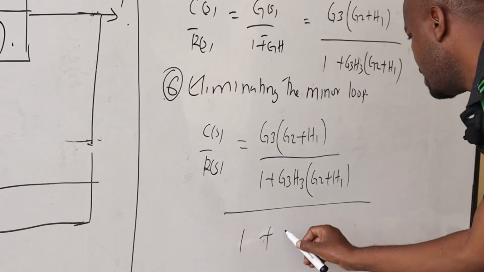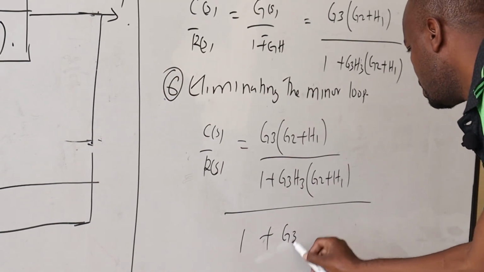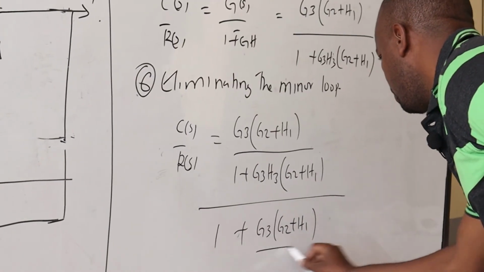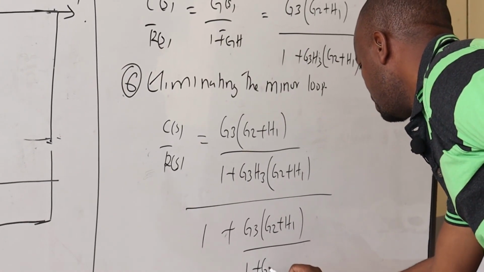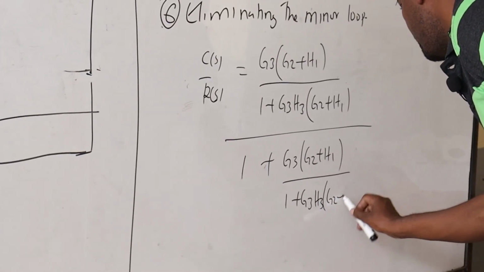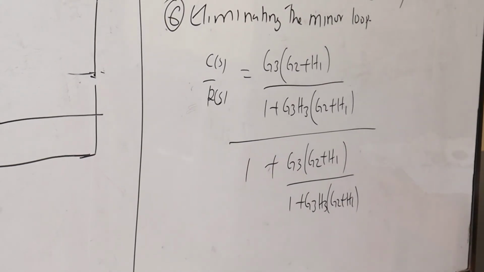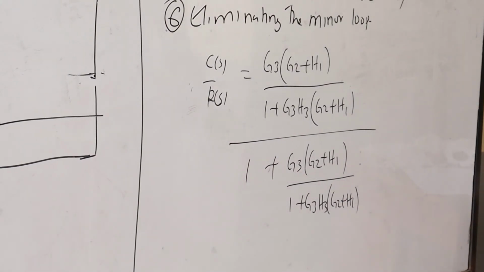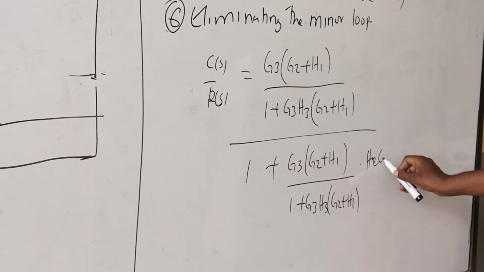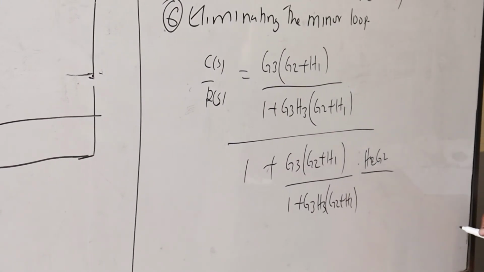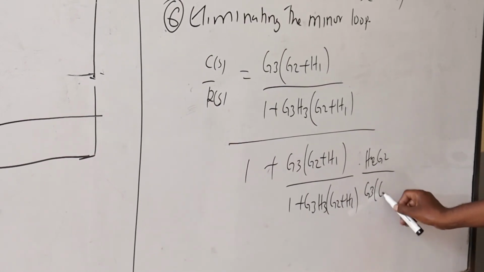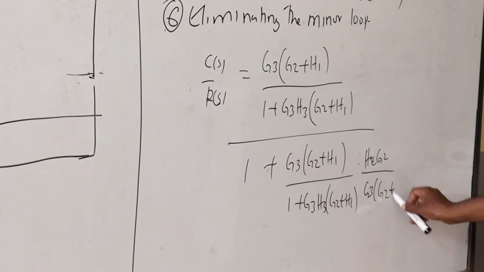Our GH is going to be G3 into G2 plus H1 all over 1 plus G3 H3 into G2 plus H1, and then you multiply by H, our H is H2 G2 all over G3 into G2 plus H1.